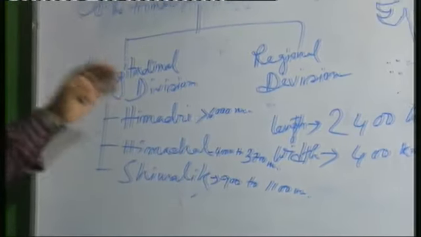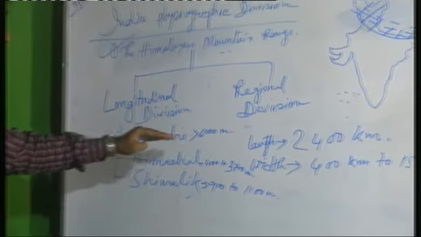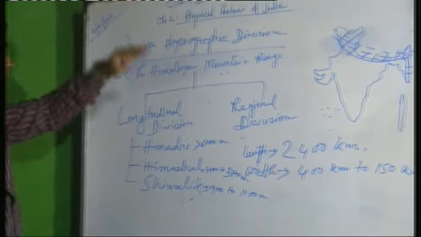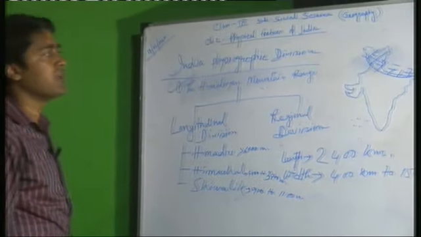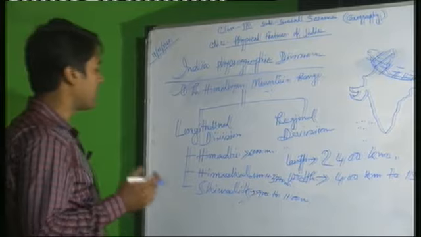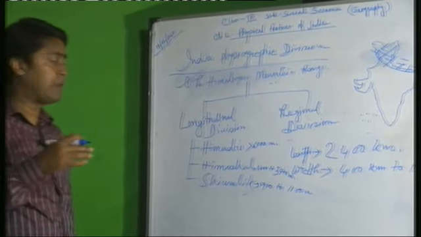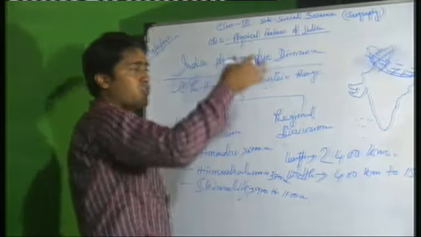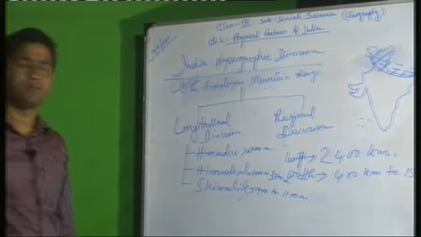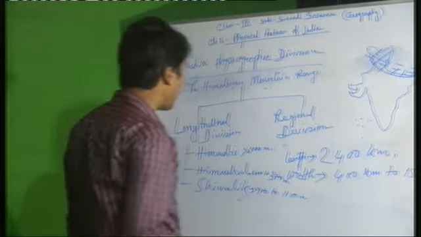So from north to south, according to height, Himadri is the top height, then Himachal, then Shivalik. This height is also mentioned in your book. You will read this portion. Himadri, Himachal and Shivalik are very important, and from them so many rivers have originated and are flowing towards the Indian landmass.